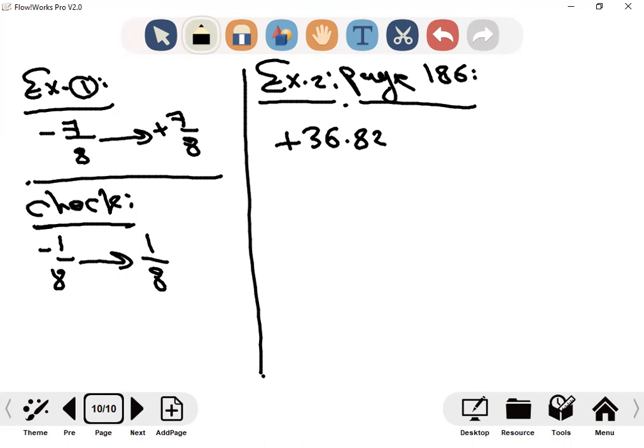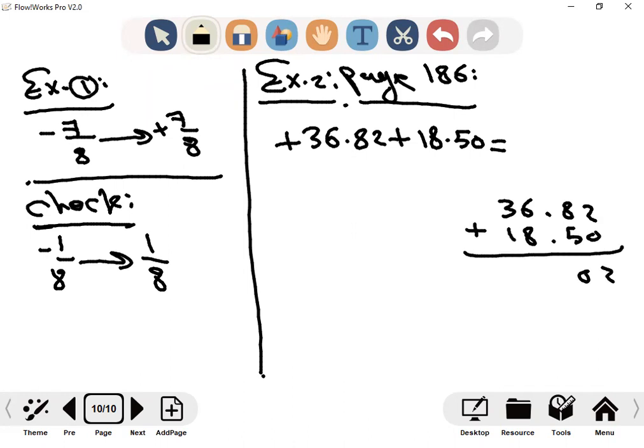She earned another plus 18 what? 0.50. Continue. Find the total amount she earned. We will add them, right? Now to add these two decimals, we put the decimal point over, don't forget that. Then align 3, 6, 8, 2 and 1, 8, 5, 0 and add.